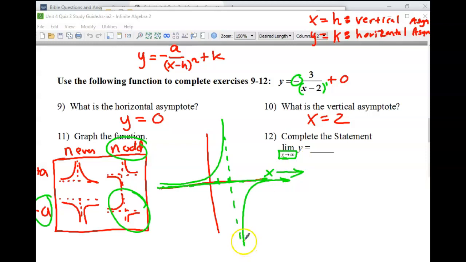So we're traveling along our graph and we're going that way. And as I go that way, the question here is what's my y value approaching? Well, notice it's getting blocked by the asymptote, but it is getting closer and closer to that asymptote. So as we go off into infinity, the y value is getting closer and closer to the horizontal asymptote, which is 0.